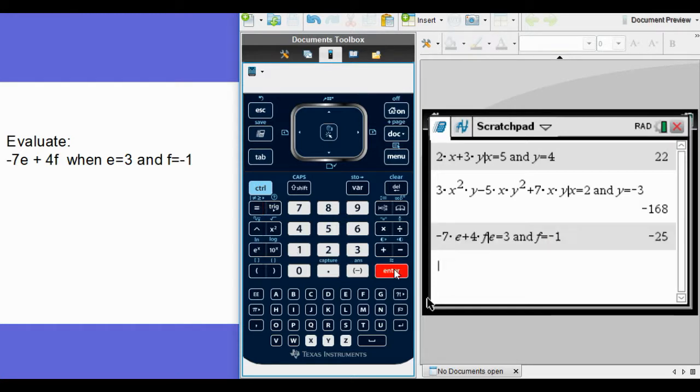Hit enter. -25. The calculator's on a roll.